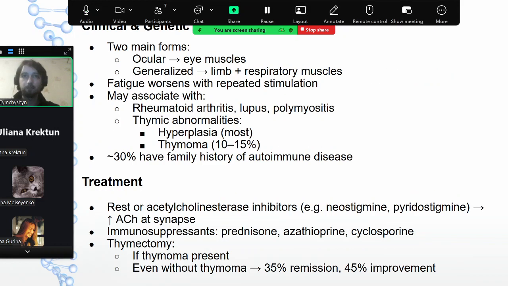So if we inhibit acetylcholinesterase, some of the acetylcholine is not destroyed by this enzyme. It still persists in the synaptic cleft, and it helps to activate the receptors because its concentration is higher. So we have a higher probability for the receptors to activate, and we activate them more strongly.